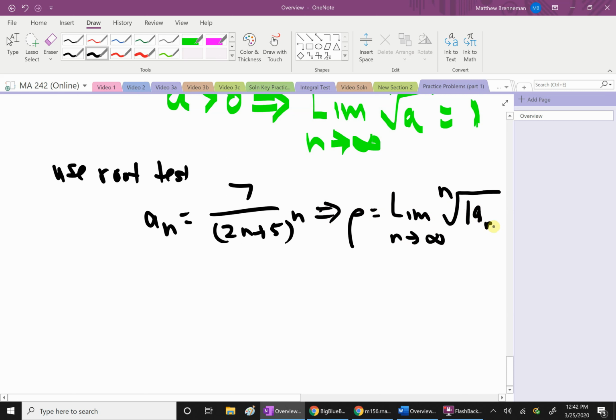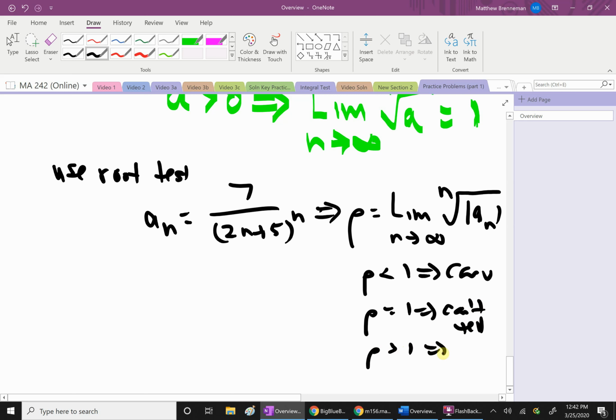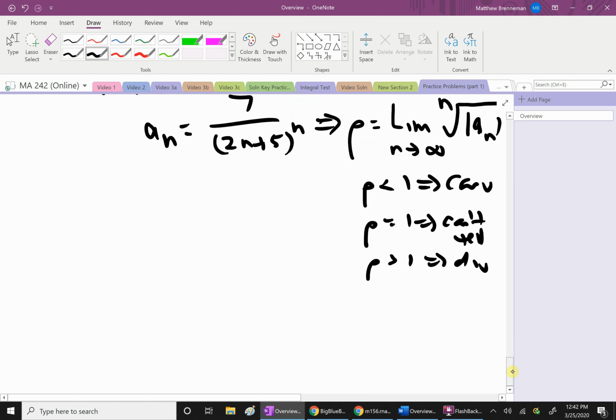Technically you should use the absolute value, but we don't have to because all our terms are positive. If rho is less than 1, it converges. If it's equal to 1, the test is indeterminate, can't tell. And of course, if it's greater than 1, it diverges.